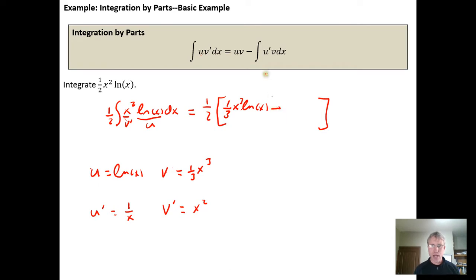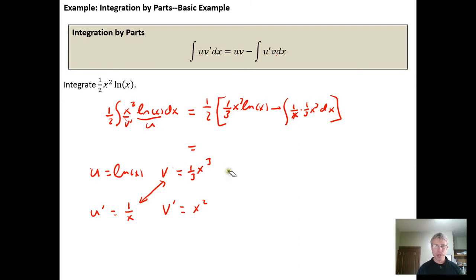And then it says subtract the antiderivative of u prime, and u prime is right here. Take u prime times v. So u prime is 1 over x, and v is 1/3 x cubed, and we need to take the antiderivative of that. So it's 1/3 x cubed, and we need our dx.